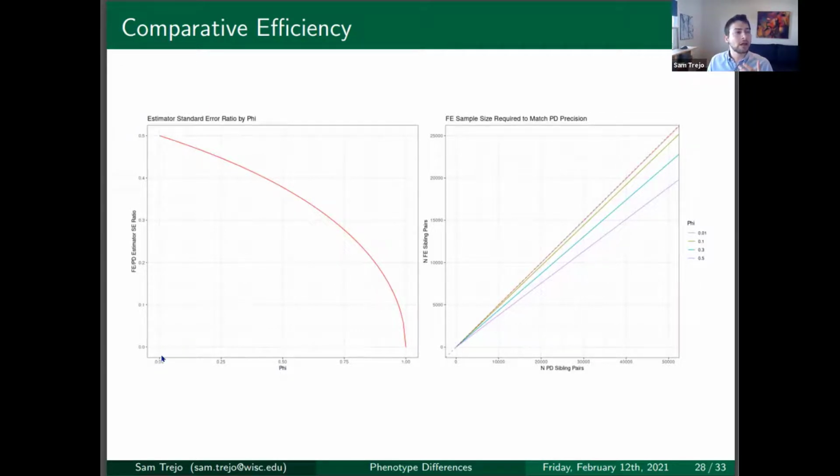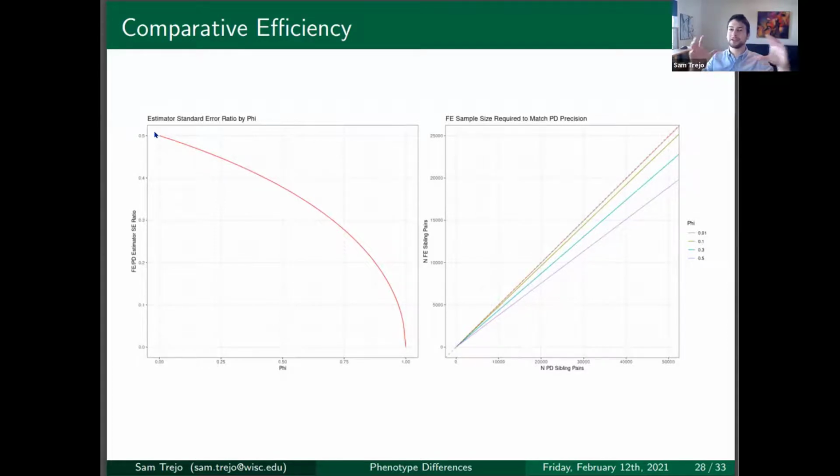But when the genetic effects within family are very small, which we expect in GWAS for complex traits, where there are thousands of loci distributed all across the genome, each individual genetic effect is very small, then the ratio of the standard errors of the fixed effects and the phenotype differences estimator is going to be equal to 0.5 for the same number of sibling pairs.